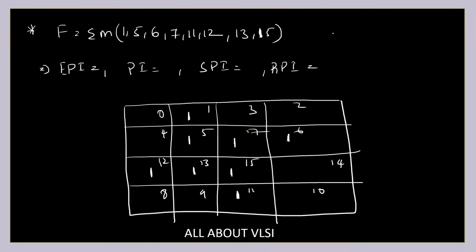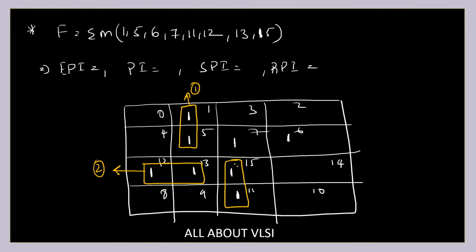Okay, first let's see about PI. This is one PI I can see. And I can see one more PI over here, this is two. And one more PI forming over here, which is three.